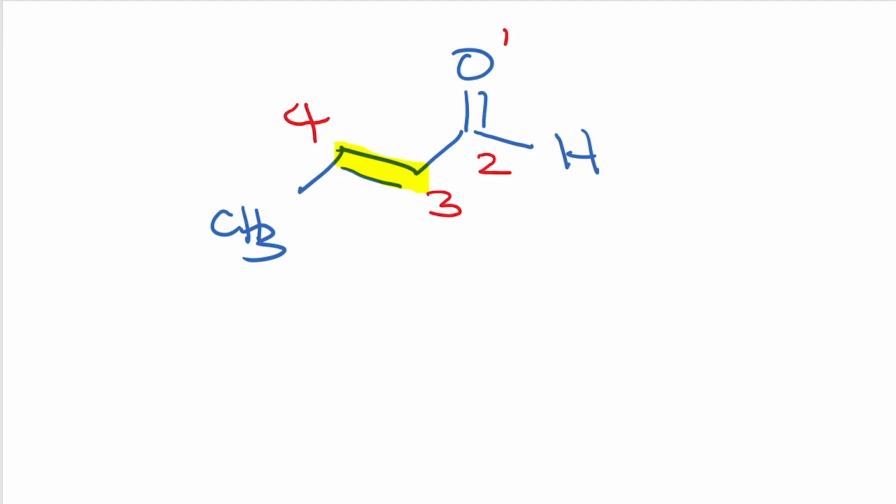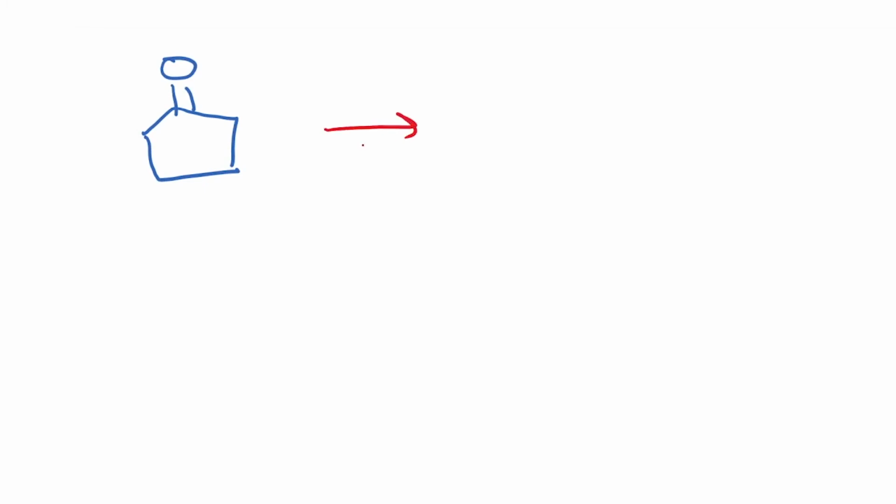Now, to continue with this aldol reaction, we'll just look quickly at acid catalyzed reaction. So you can have an acid catalyzed aldol reaction as well. The example that I'm going to take is basically this with cyclopentanone. And a cyclopentanone, let's say in the presence of H plus, can produce the enol.